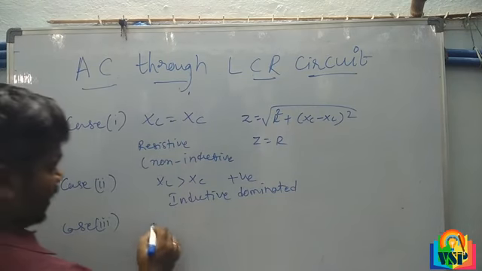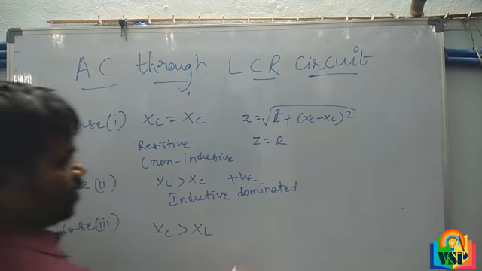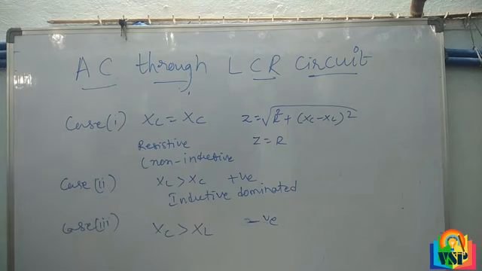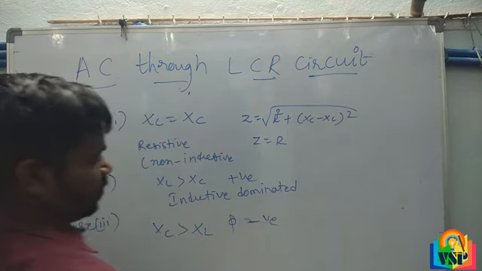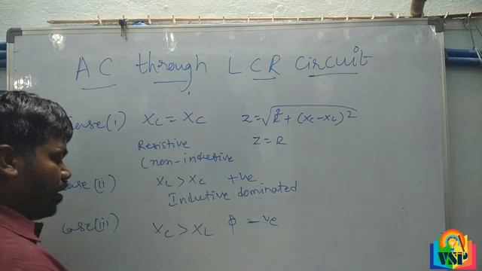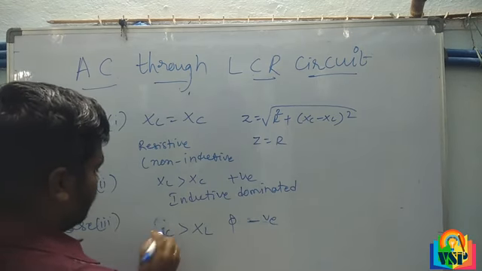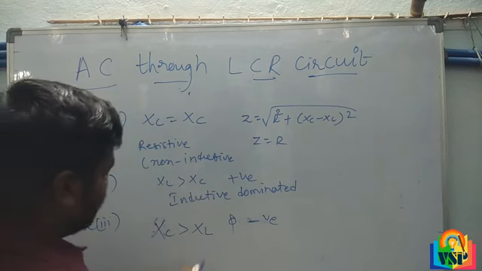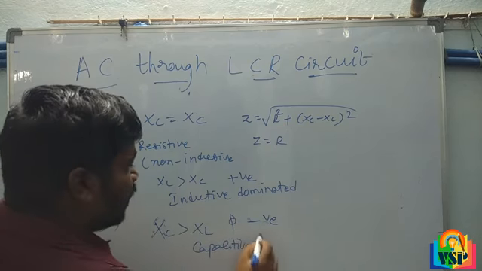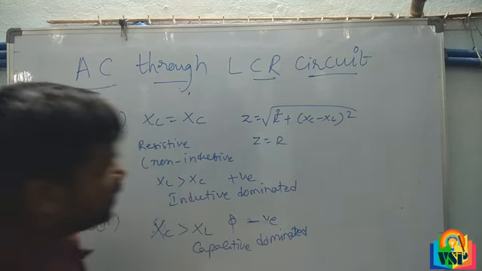Case 3: XC is greater than XL. In this case, phi is negative. The phasor angle is negative. It means it is a capacitive dominated circuit. XC greater than XL means capacitive dominated circuit.